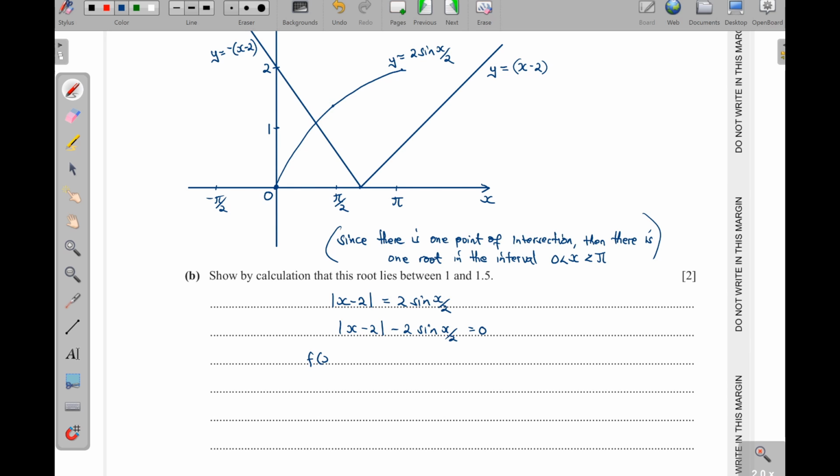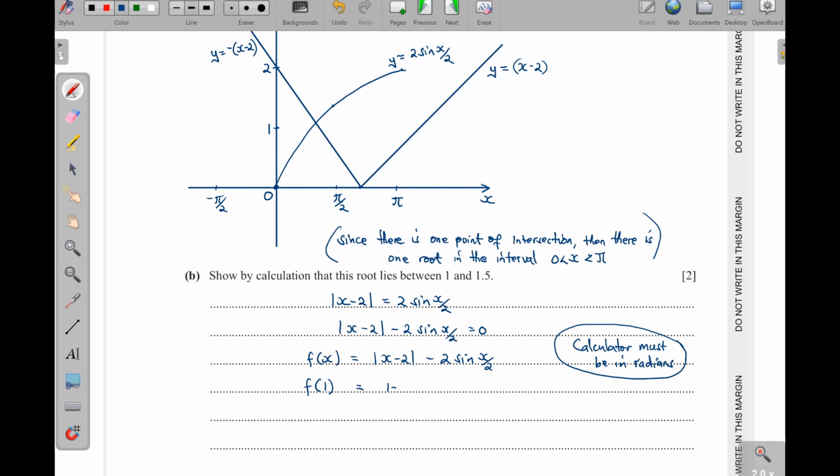That means our function f of x is the modulus of x minus 2, minus 2 sine of x over 2. Then we can put f of 1. Now these are small values, so use the calculator here, okay? The calculator must be in radians strictly.